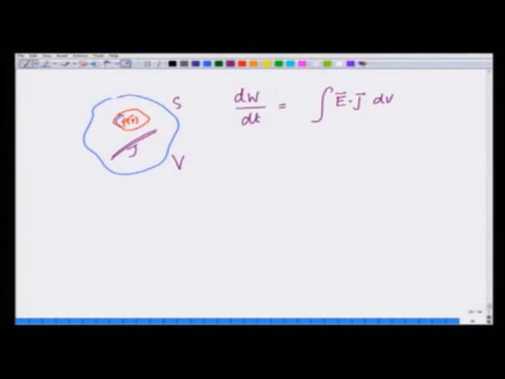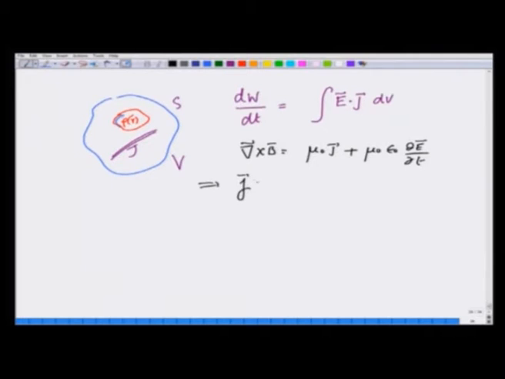Let us now use Maxwell's equation, which says that curl of B is mu naught J plus mu naught epsilon naught dE by dt.